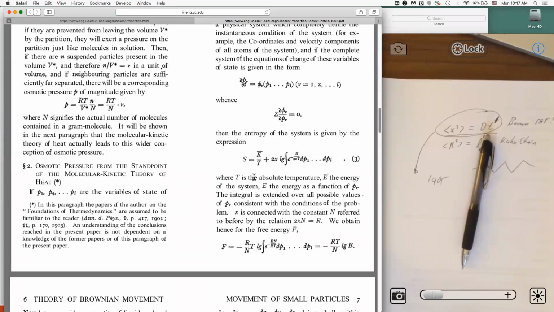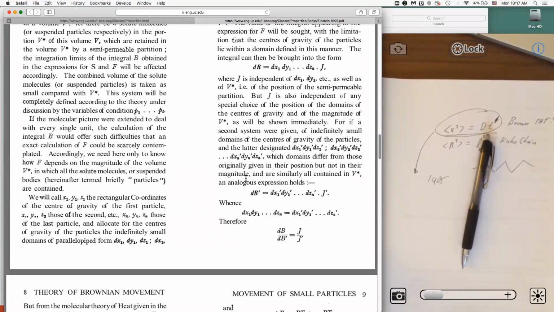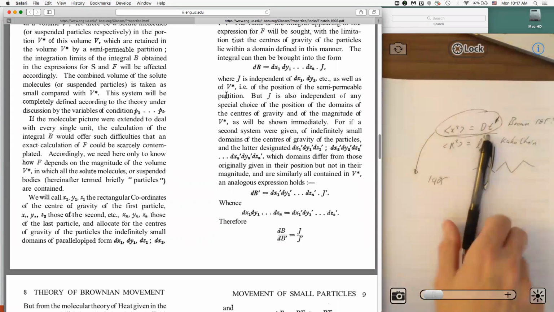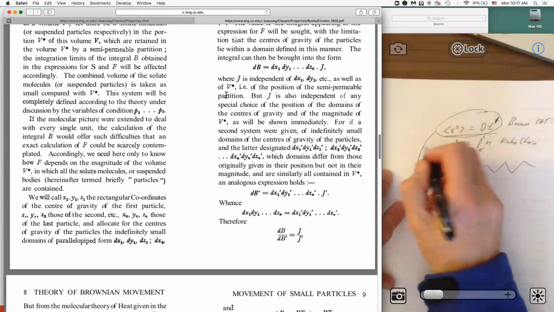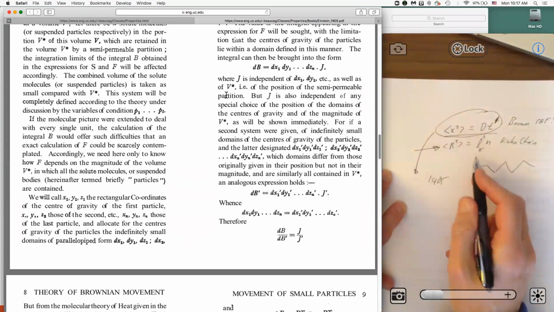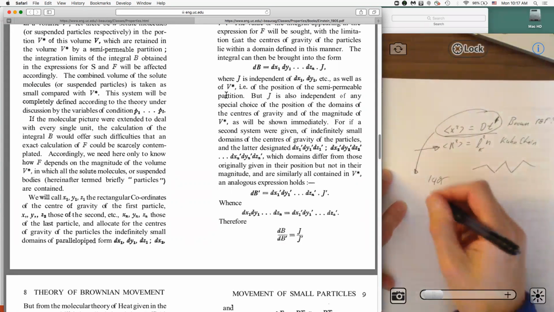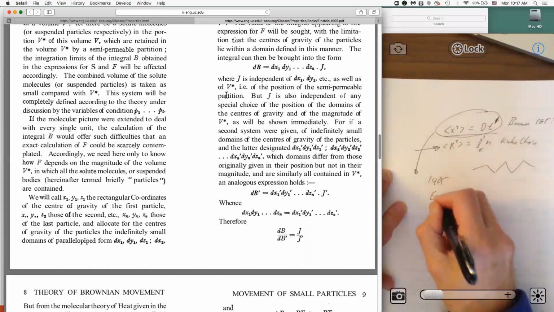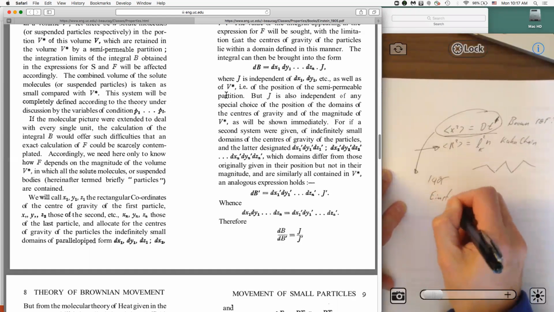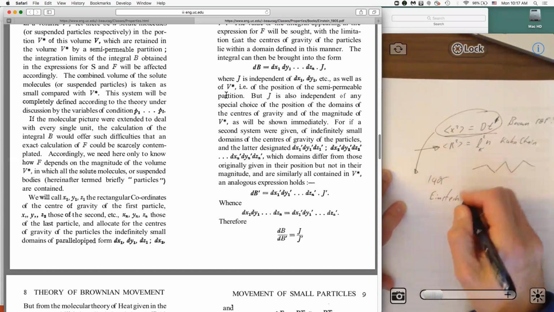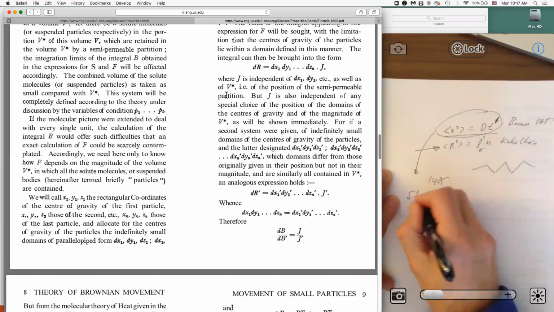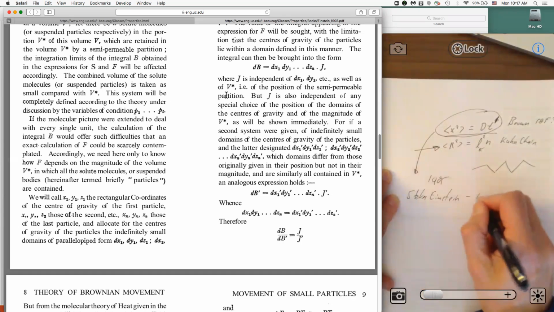I want to go through this paper since it becomes the basis for two things we're going to use. One is the origin of this equation, and the other is the origin of the Stokes-Einstein equation.